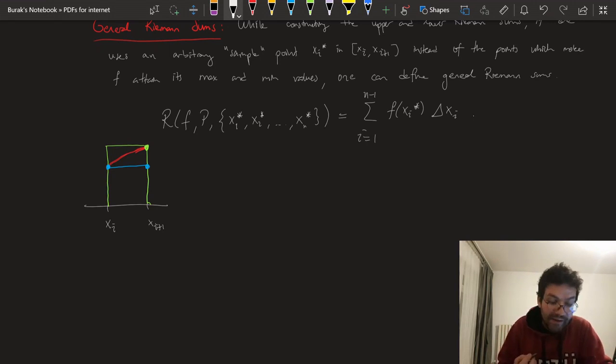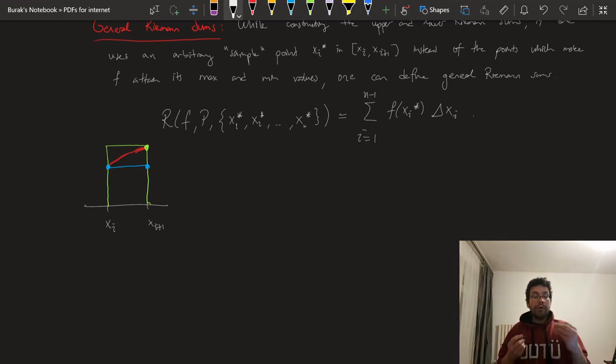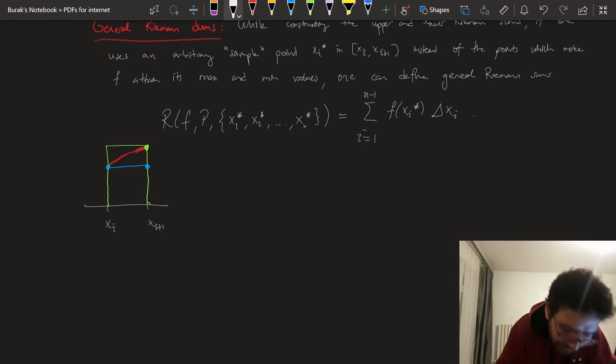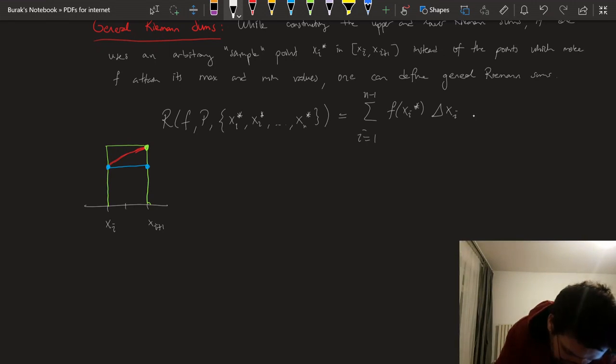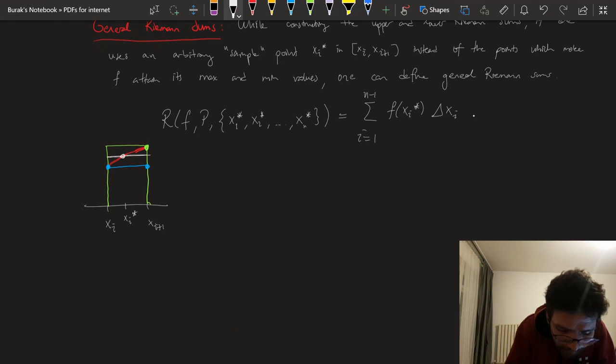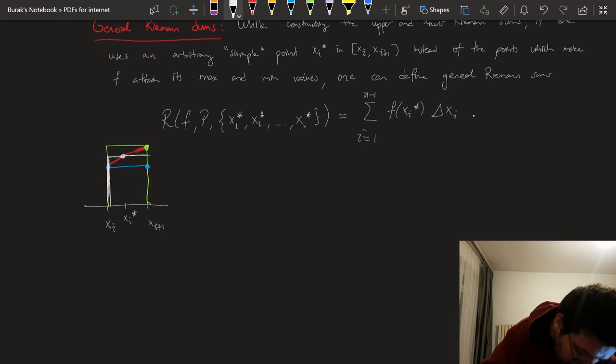For a general Riemann sum, you're free to use any point that you want. You fix sample points ahead of time. So I'm just going to pick some arbitrary point. Let's say that xi star here. And then I'm going to use the value of the function at this point to determine the height of my rectangle. Okay, so I am going to have this rectangle.